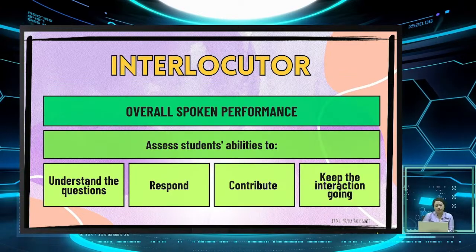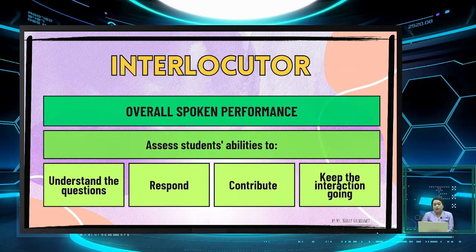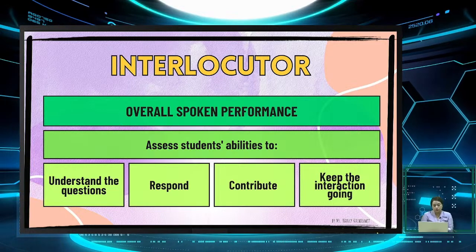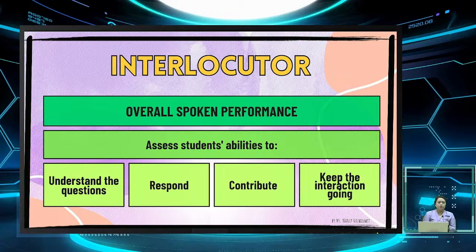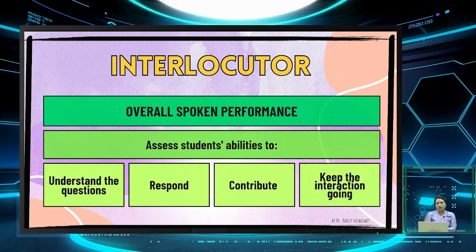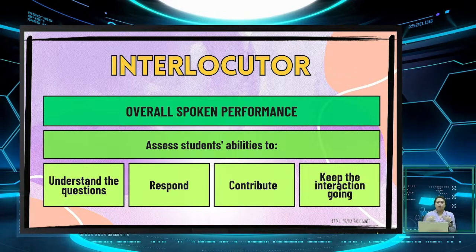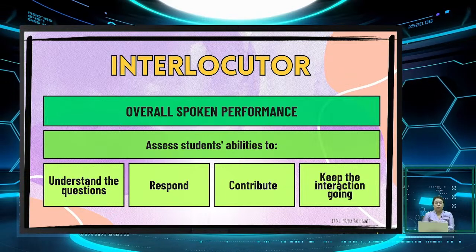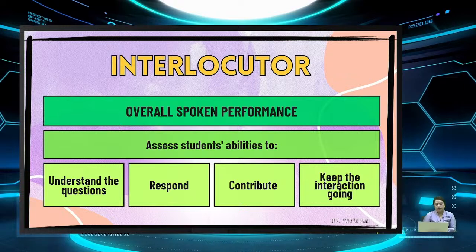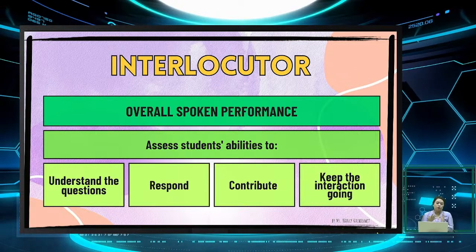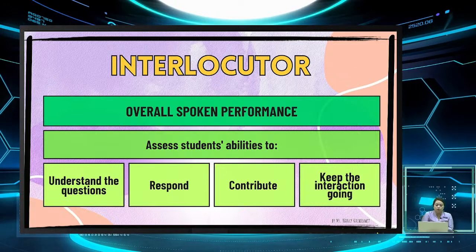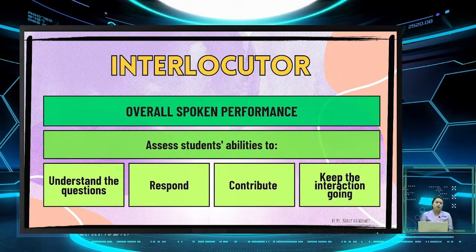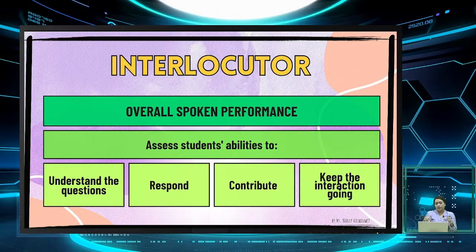As for the interlocutor, okay, the interlocutor will assess the student's ability first to understand the questions, meaning when the interlocutor gives you the questions, right, you can understand what the question is and you don't need the interlocutor to rephrase the question, okay. You can respond to the questions, you can contribute during the discussion, and you can keep the interaction going, meaning that you are there for the discussion.